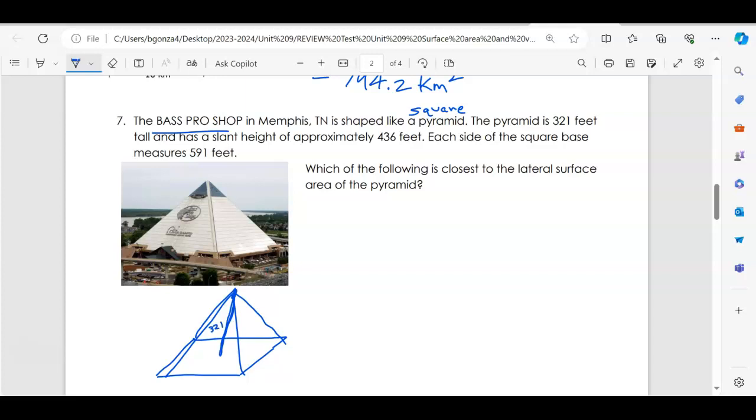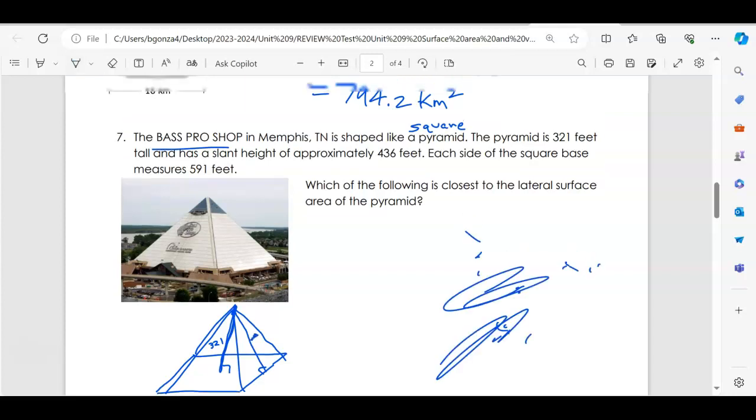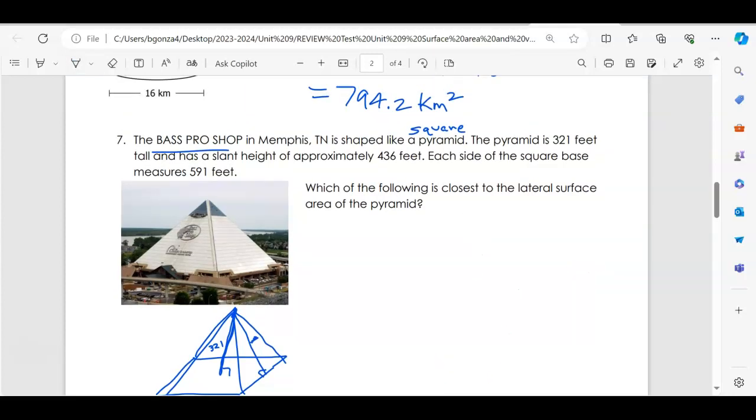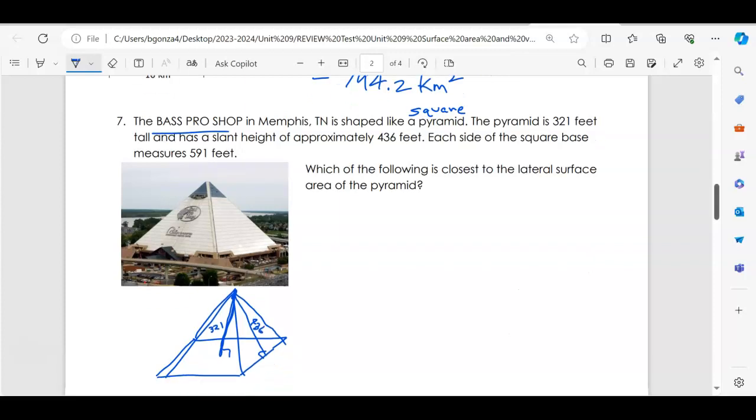Okay, the slant height is 436. And then it says each side of the square base is 591.